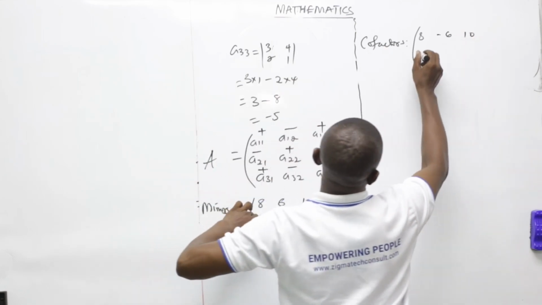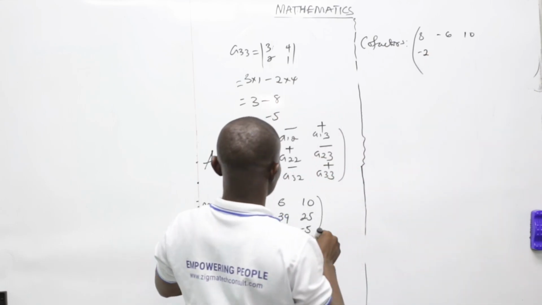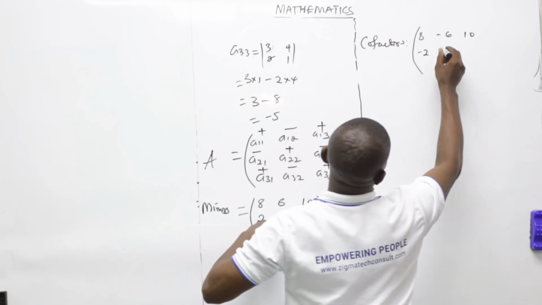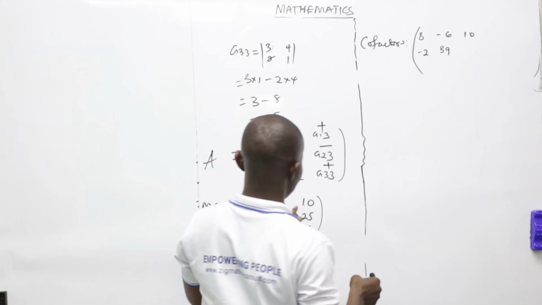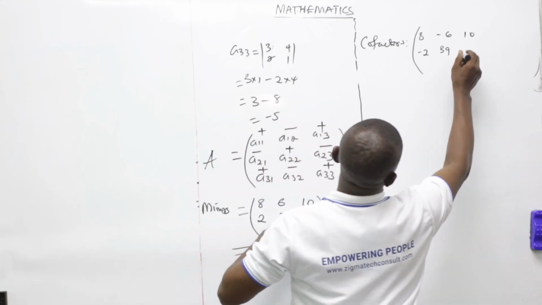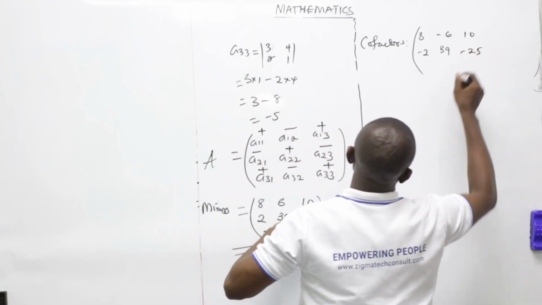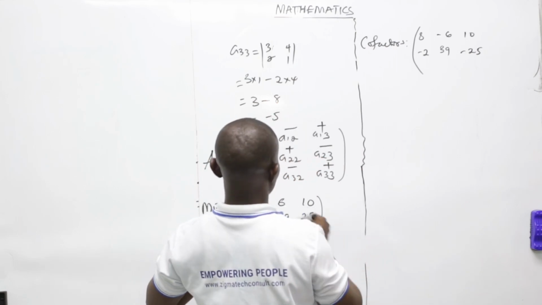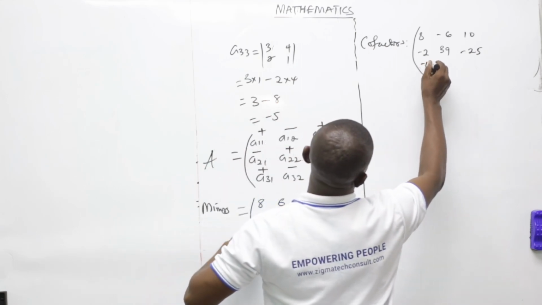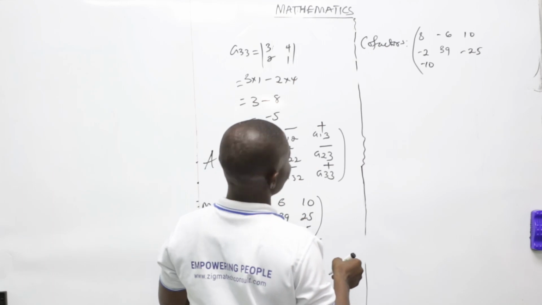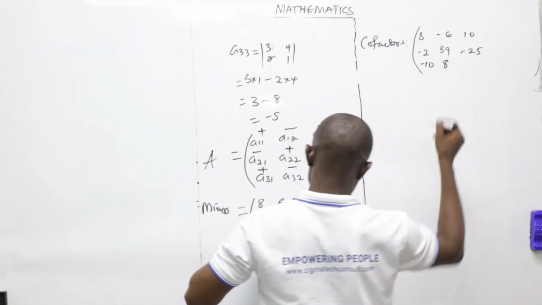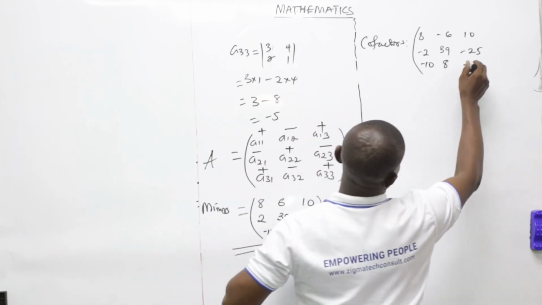Minus times plus is minus 2 instead of plus 2, as we have in our minor. Then minus 25 instead of plus 25. Then this is plus times minus 10. Plus times minus is minus. Minus times minus is plus 8. The plus times minus is minus.